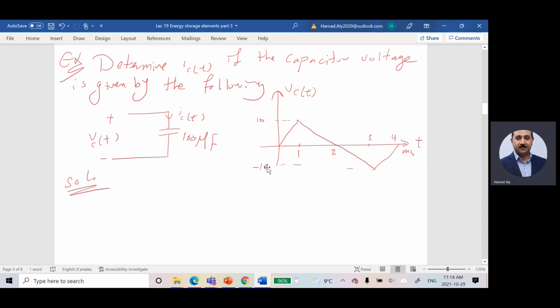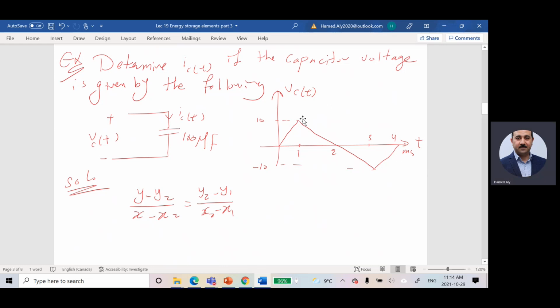Do you remember how to find the equation for the straight line? If you would like to find the equation of the straight line, I can say y minus y2 over x minus x2 is equal to y2 minus y1 over x2 minus x1, or y1 minus y2 over x1 minus x2. Doesn't matter.